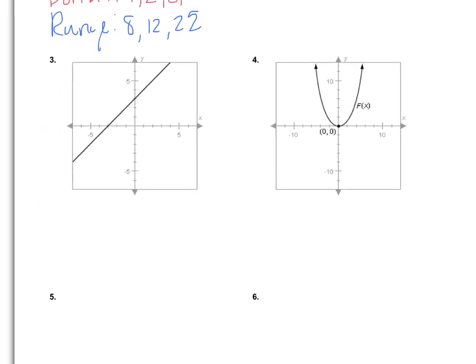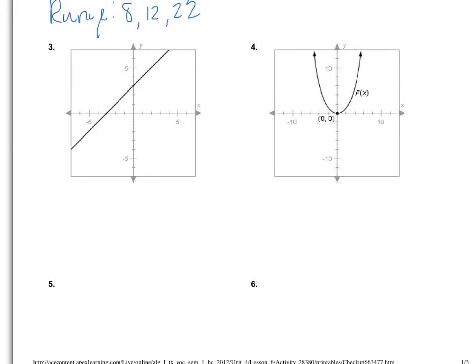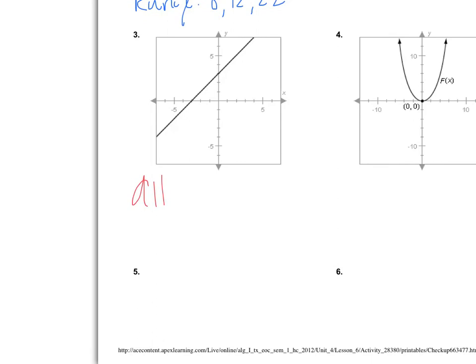Number 3, it asks us for the domain and the range. Well, this is a line, so this means that all real numbers are in the domain.